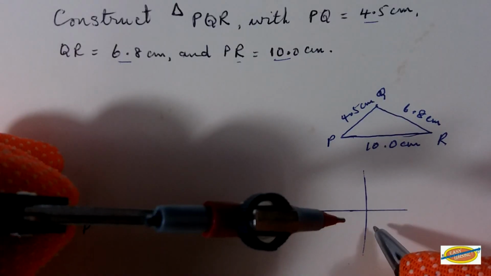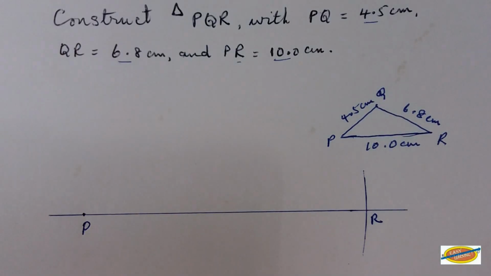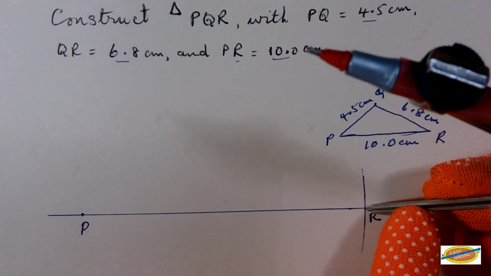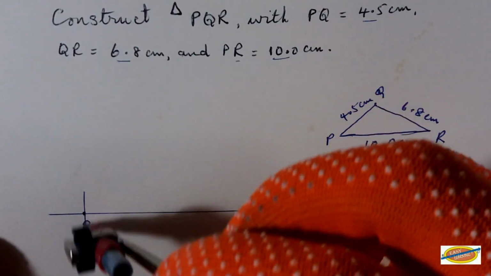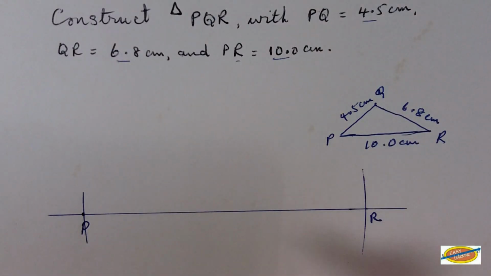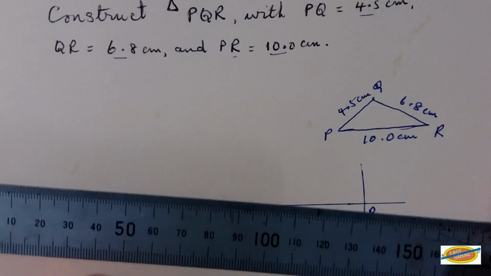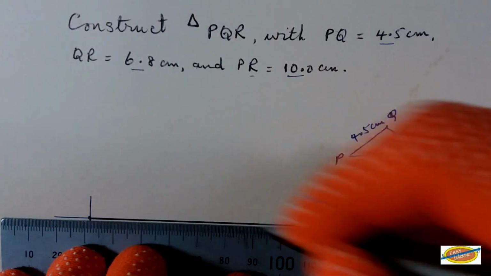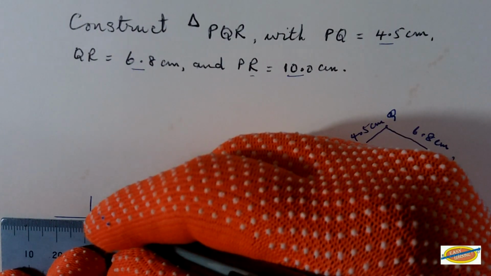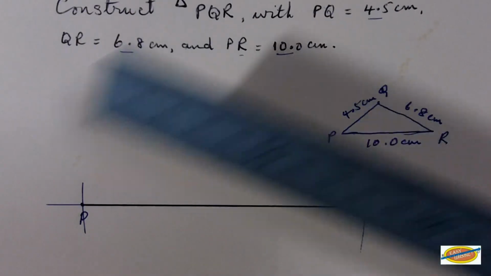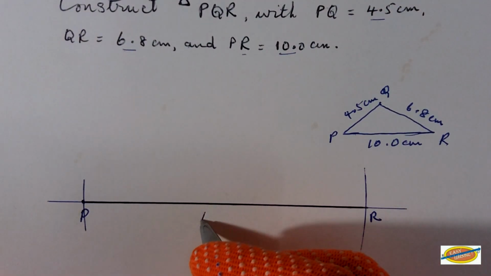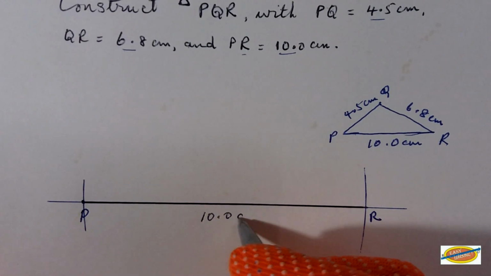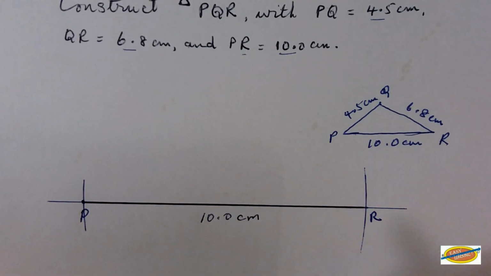And this, of course, is R. From R, bold PR, and we have just constructed the base PR 10.0 centimeters.